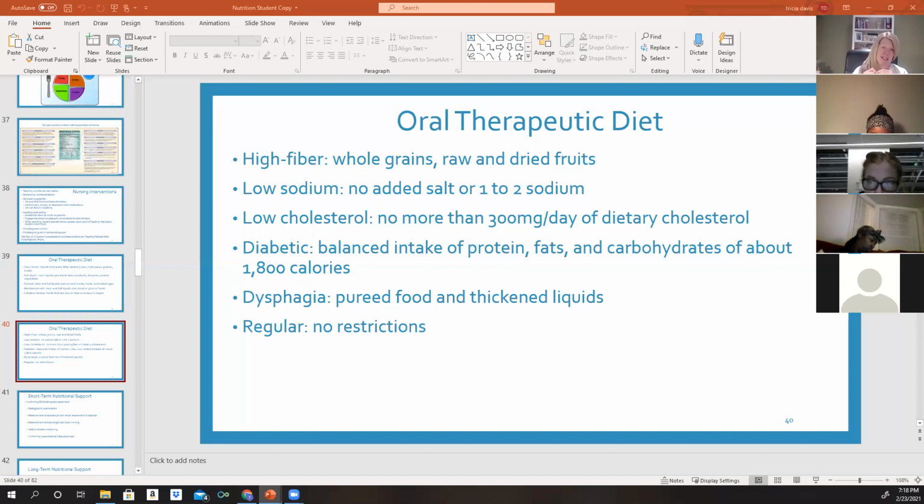Then you have your diabetic diet, which is a balanced intake of your proteins, your fats, and your carbohydrates. It is approximated at 1,800 calories a day. The patients that are going to stay on this diet are your type 1 diabetes, your type 2 diabetes, your gestational diabetes. That's patients that are pregnant and have diabetes when they're pregnant, and then any patient that has an impaired glucose tolerance.